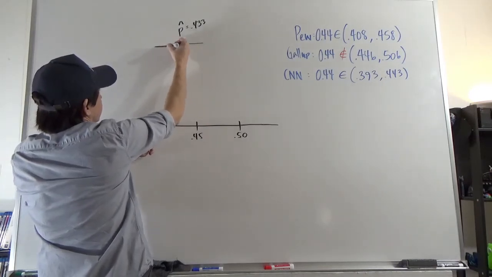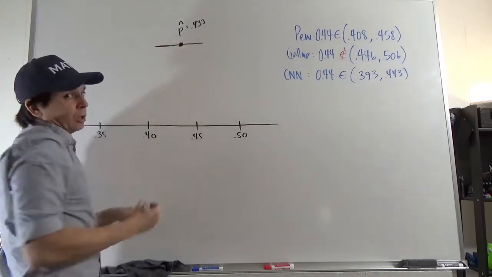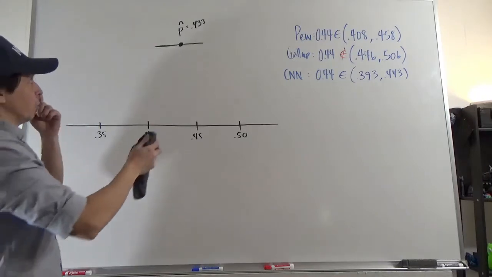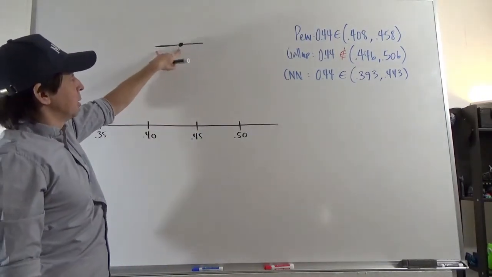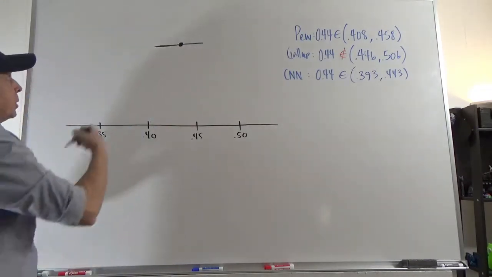And so this is how they represent confidence intervals sometimes, especially when they want to compare with other confidence intervals from other polling organizations. They show a visual image of the point estimate, the center of the interval, and then they show the margin of error just by a band going out to the left and right. So that's Pew.